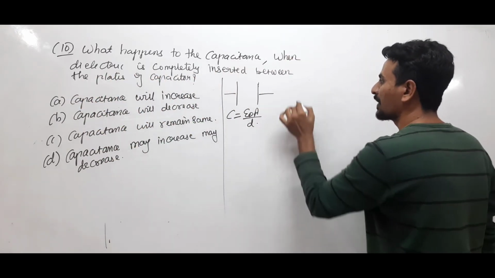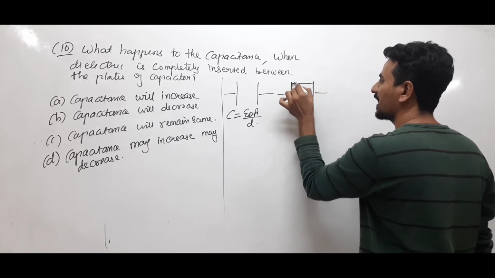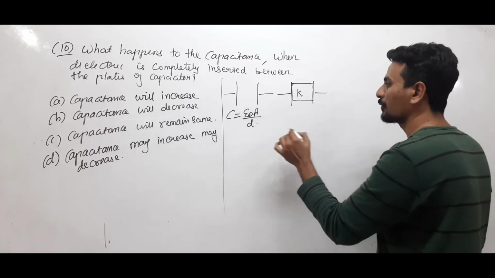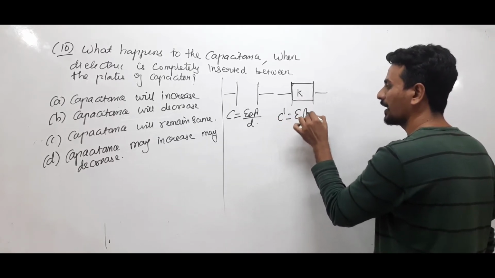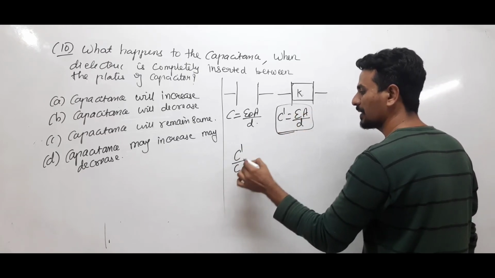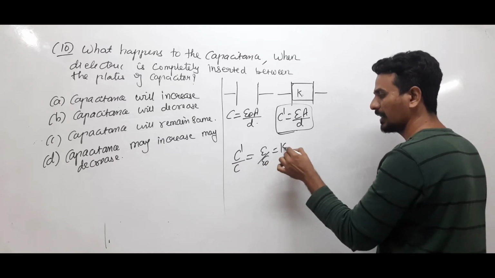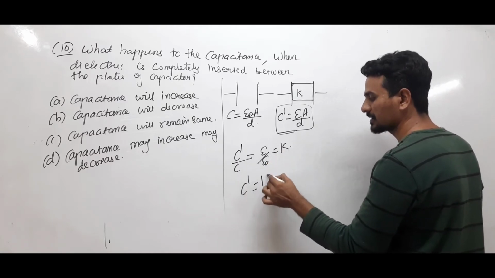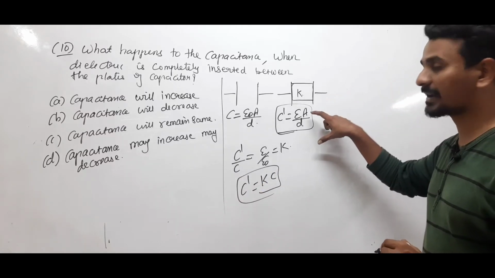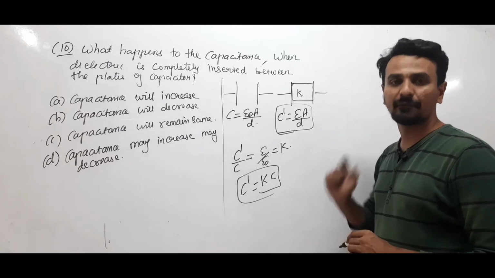Now suppose I am filling dielectric, I am introducing dielectric of constant K, then now capacitance is written as epsilon A by D, right? So we'll take the ratio C dash by C, it will be epsilon by epsilon naught, which is equal to K. So finally C dash is K times C. This means that on introducing a dielectric between the plates of the capacitor, capacitance will increase by K factor, right?